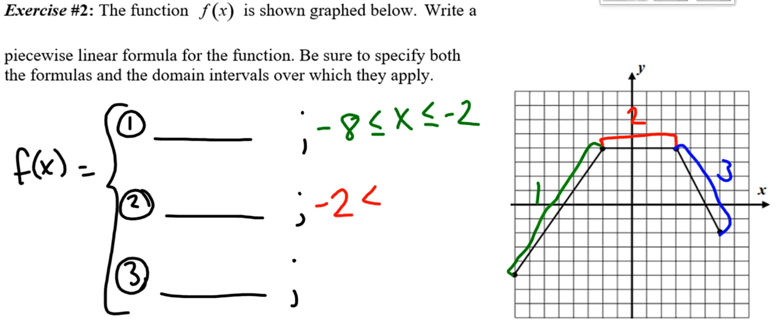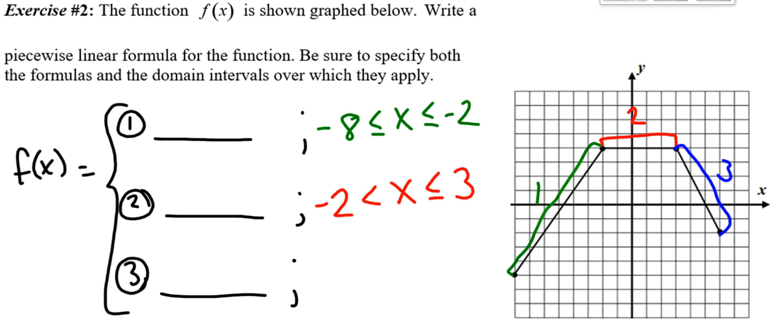So I'm not going to include it in the second equation. So I have -2 all the way out to 1, 2, 3. So x, and I'm going to include +3 in my domain. So it's between -2 and +3.